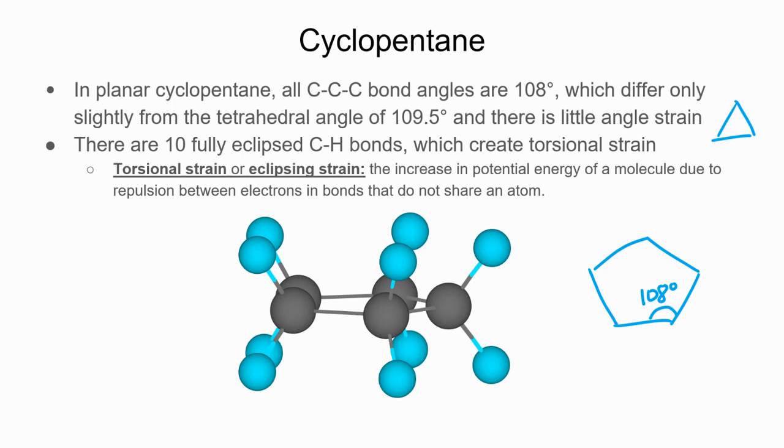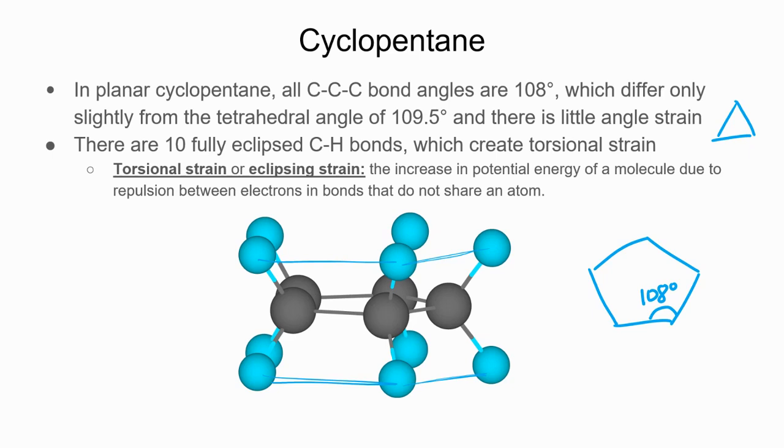But here's a problem with that cyclopentane. All of these hydrogens are lined up eclipsed. And we know that having things eclipsed like this is not favorable. Right? And so since these hydrogens are all eclipsing, that is not so great. That creates torsional strain. That's the idea that, remember, butane tries to twist to relieve eclipsed conformations.